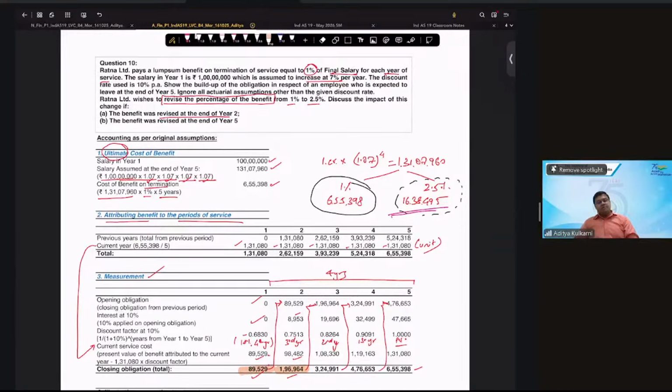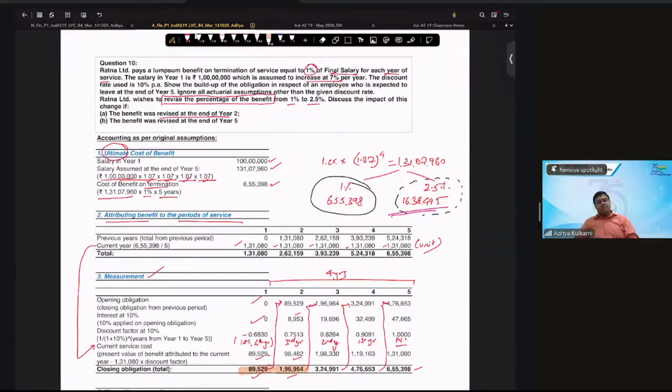This plan change is within the control of the organization, number one. And this plan change is operating right from the inception of the plan, but it is introduced in year 2.